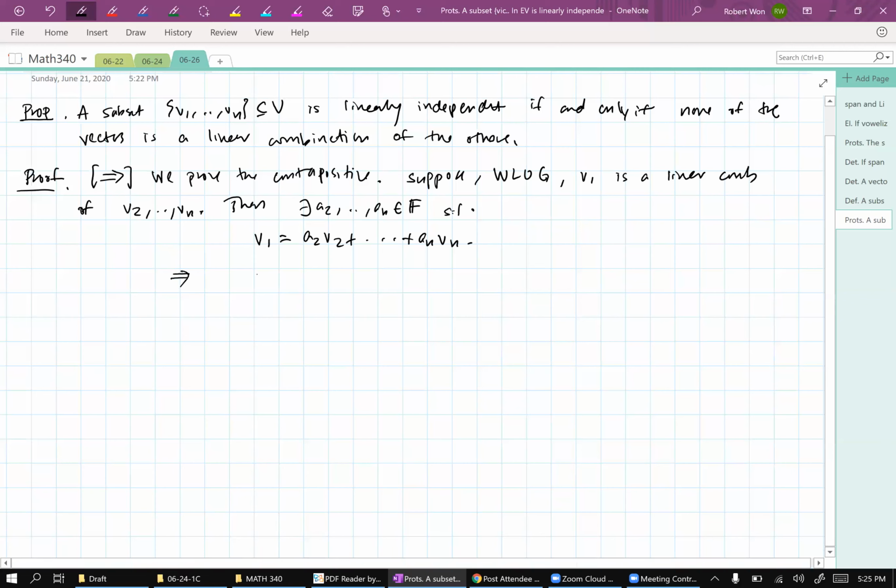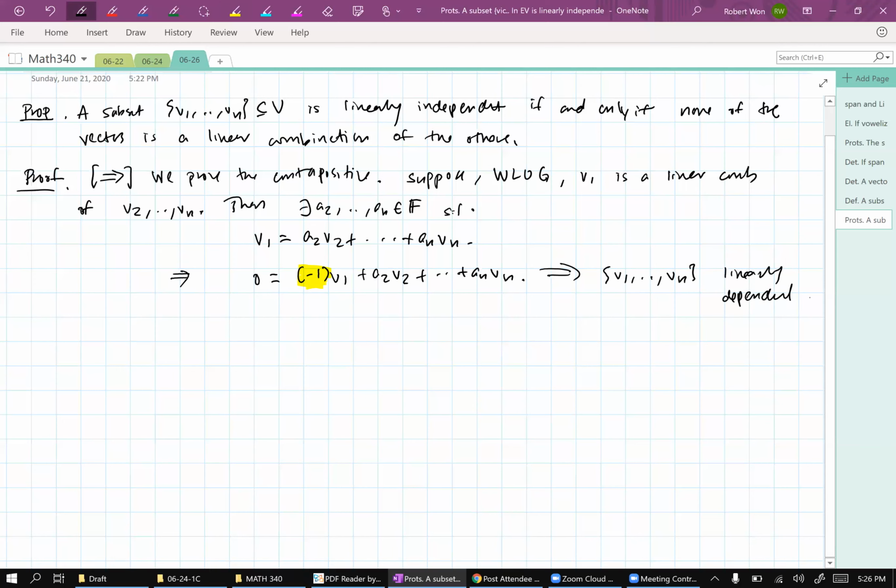So this would mean that 0 is equal to -1 times V1 plus a2 V2 up through an Vn. Here I've taken a linear combination and I've gotten 0. And this coefficient is -1, which means that this is not a trivial linear combination. So I found a non-trivial linear combination which equals 0. So by definition, this means that this set is linearly dependent, which is the contrapositive of the forward direction.